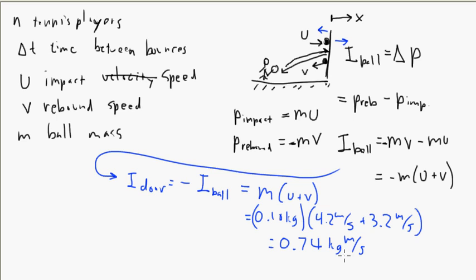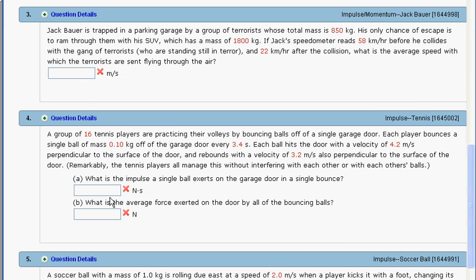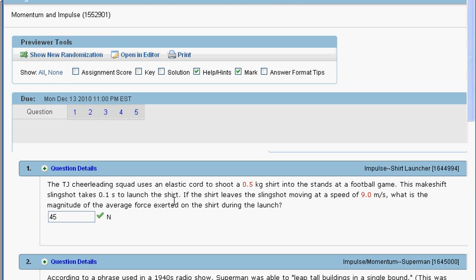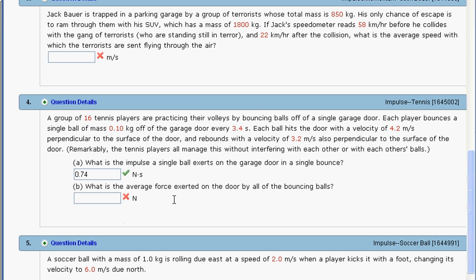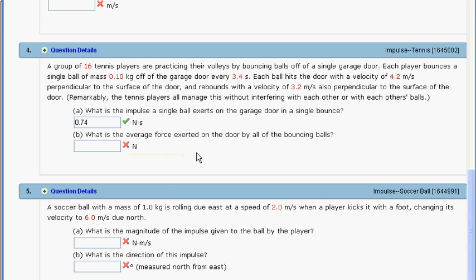A kilogram meter per second, let's remember, is the same as a Newton second, because a Newton is a kilogram meter per second squared, multiplied by the seconds. And then you cancel one. So 0.74 Newton seconds, and there we go, boom.